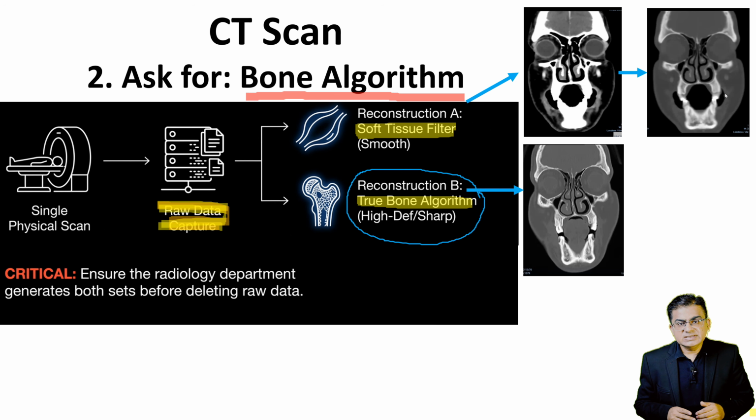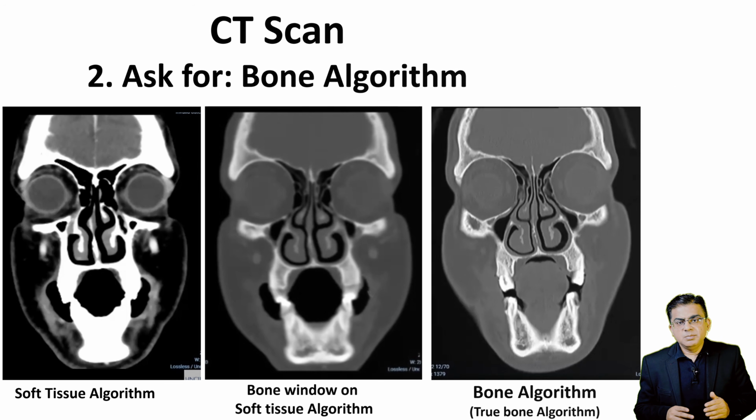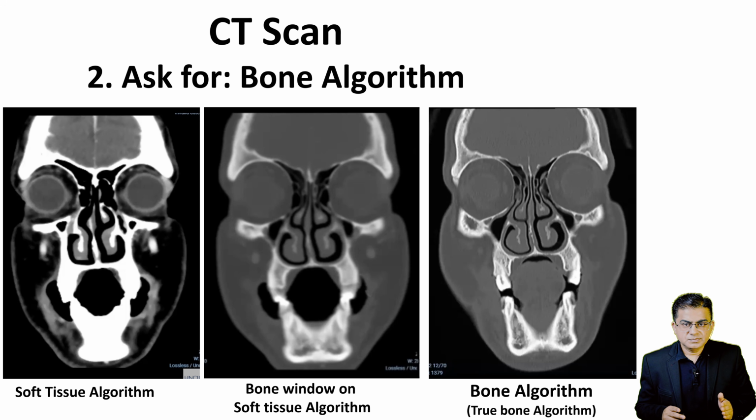Let me enlarge these images for you to see. Pause the video here and notice. These are three images. On the left is the standard image acquired in soft tissue algorithm, which is used to evaluate soft tissue lesions. This is the image you get when you click the bone window on a soft tissue algorithm image.